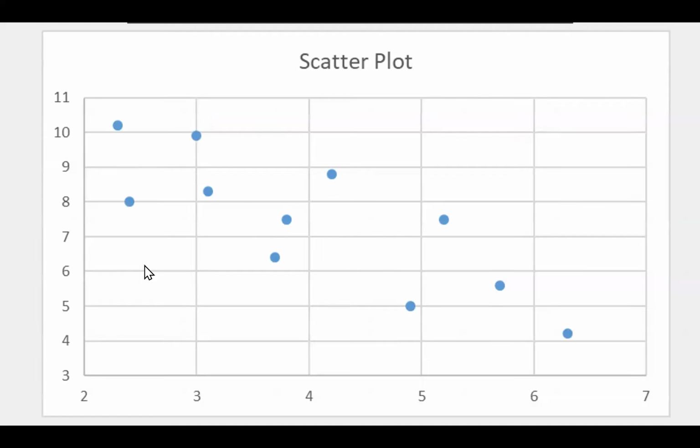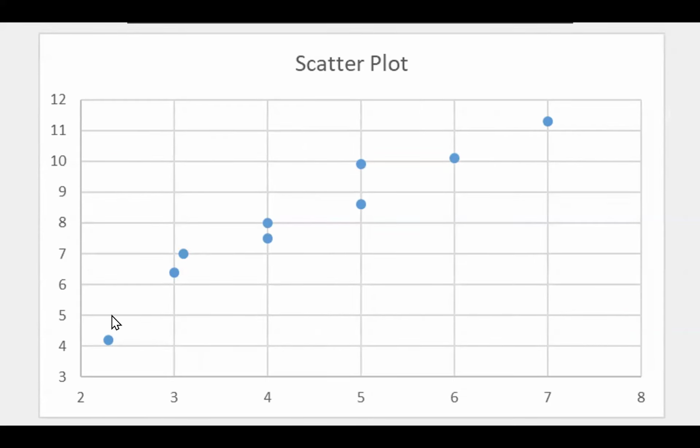How about in this one? Well, this does look like there's a linear pattern. That linear pattern looks to me like it has a negative slope. So the R value is going to be negative. It's not as close as our first example. All the points weren't quite as close.